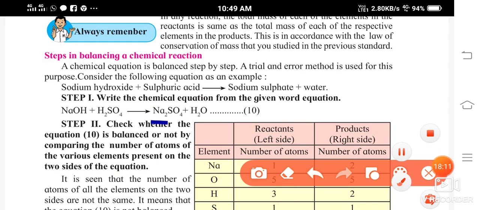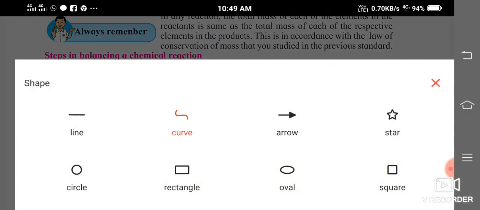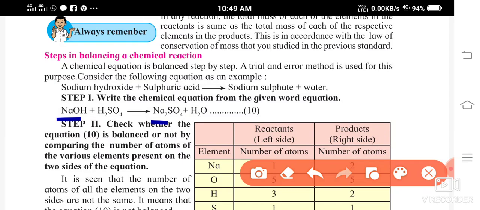On the left hand side also you will have to make 2 atoms of sodium. Now 2 atoms of sodium this side, 2 atoms of sodium. So sodium is balanced now, but oxygen and hydrogen atoms are disturbed, right?